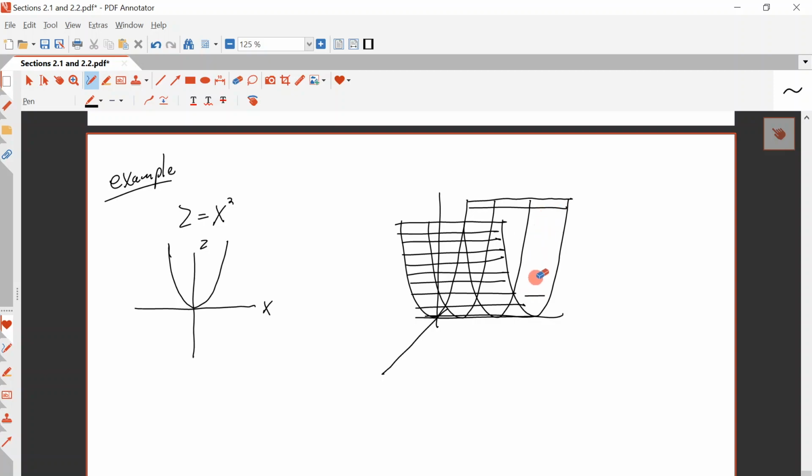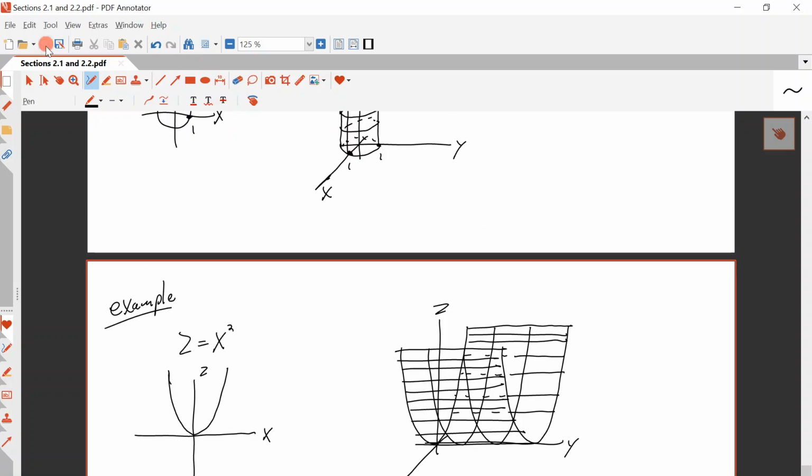So this is x, y, z. z = x² gives you this parabola in the xz plane, and then you just extend it in the y direction, in the missing variable. And that's called a cylinder as well.